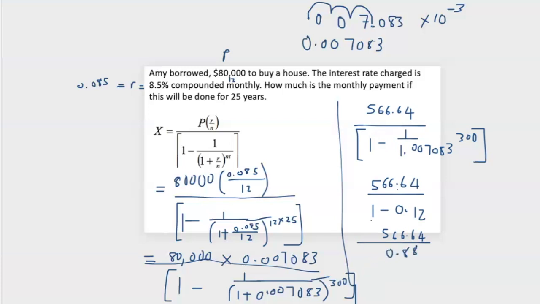And finally, the monthly payment, you'd see 566.64 divided by 0.88. And the monthly payment would be $643.91. So that's what you'll be paying for 25 years. And that's how you calculate the monthly payment for the loan.